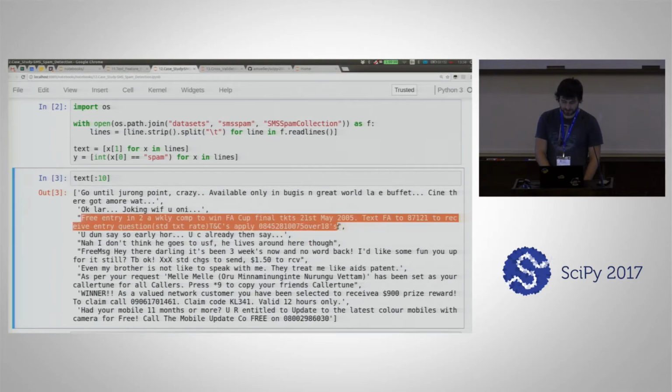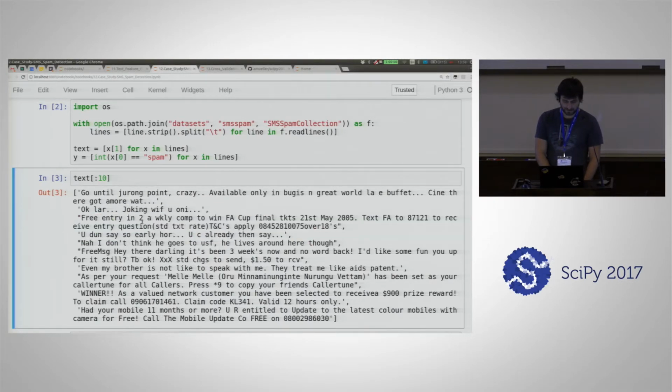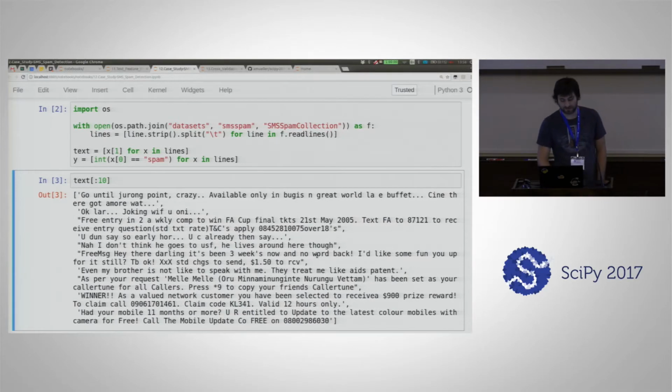But then there are some that are clearly spam. So here, free entry in a 2-week competition to win blah, blah, blah. And had your mobile 11 months or more, you are entitled, clearly spam. And so we want to detect whether an SMS is spam or not.